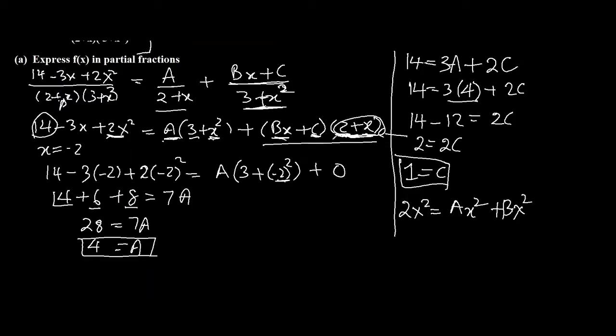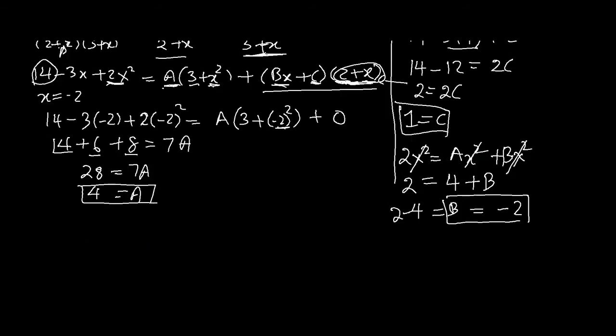And we will get nothing else. So 2 equal to A, which is 4, plus B, and B becomes 2 minus 4, which is minus 2. So we got A, B and C, all three.